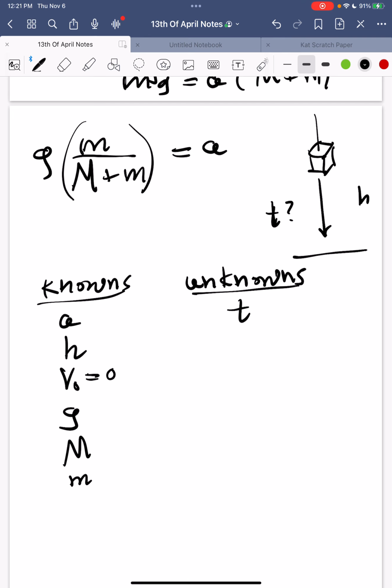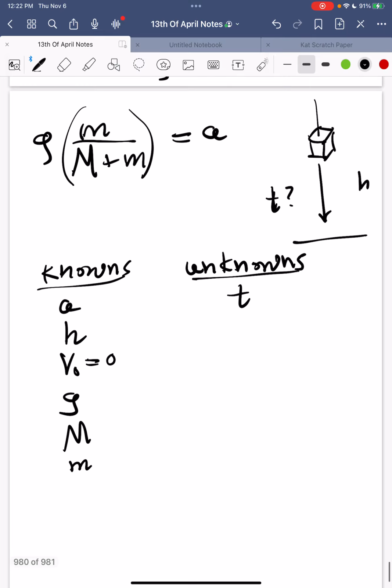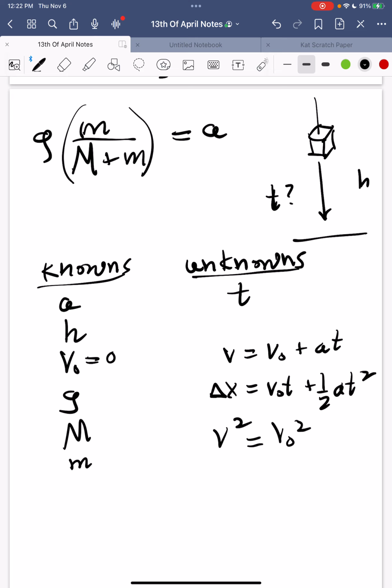So we can take a look at our types of equations that we have. Let me just write them down for your convenience here. Velocity equals v naught plus at, or delta x equals v naught t plus 1/2 at squared. And then we've got v squared equals v naught squared plus 2a delta x.